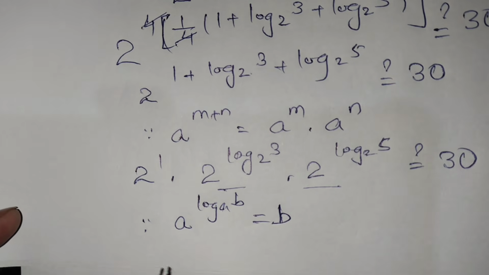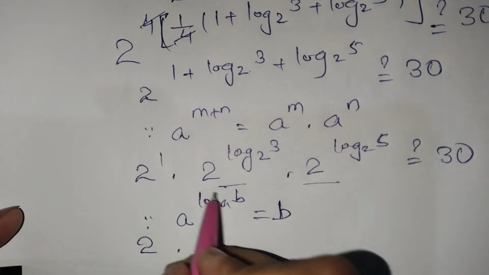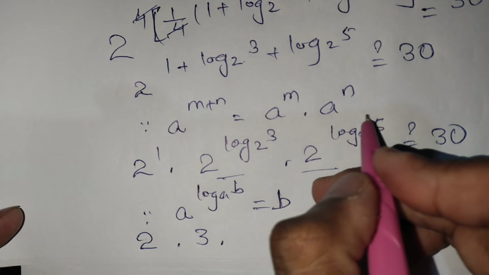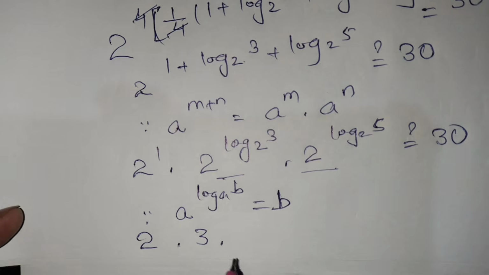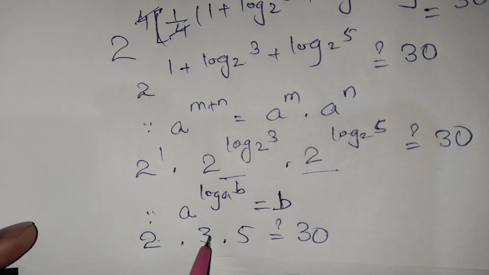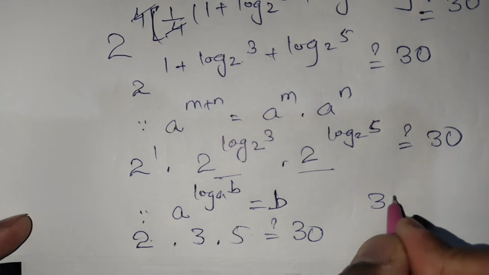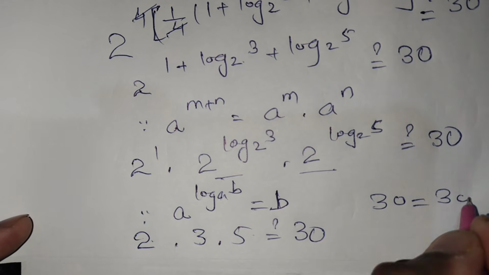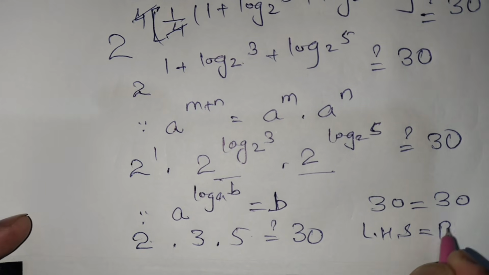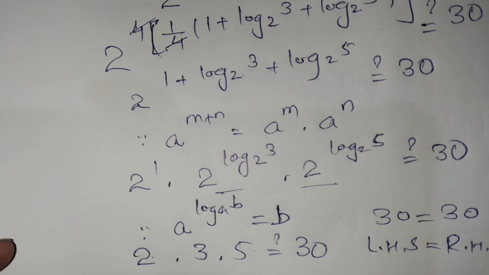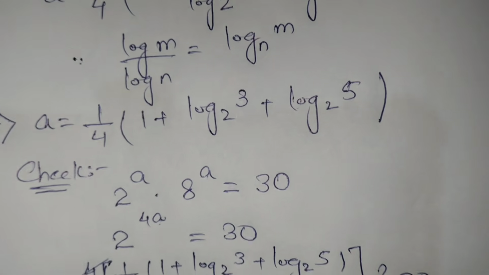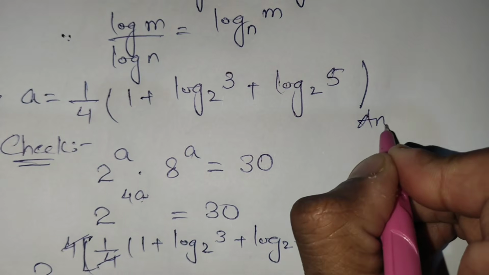So it will be 2 times this whole replaced by b, what is b? 3. And this whole is replaced by b, what is b? 5. 2 into 3 is 6. 6 into 5 is 30. 30 equals 30. It means left hand side equals right hand side, and our value of a is correct, and this is the final answer.